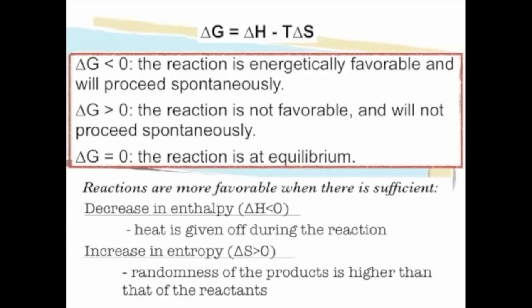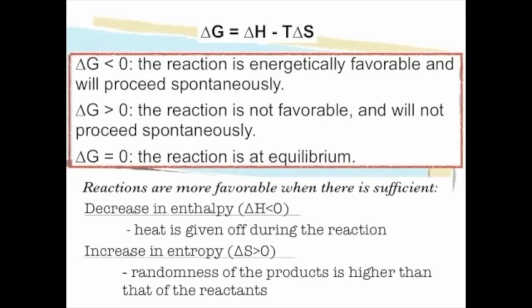Free energy is being released. On the other hand, when delta G is greater than 0, this reaction is not favorable as written. It's not going to proceed spontaneously. This means that energy must be put into the system for this reaction to occur. And when delta G is equal to 0, the reaction is at equilibrium, and there's no change in free energy.